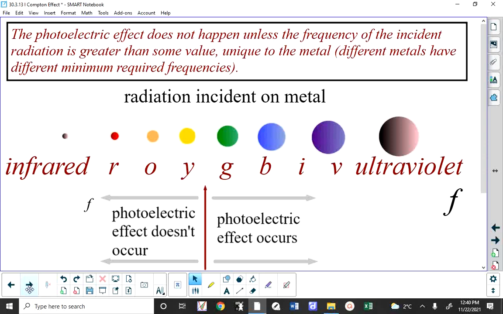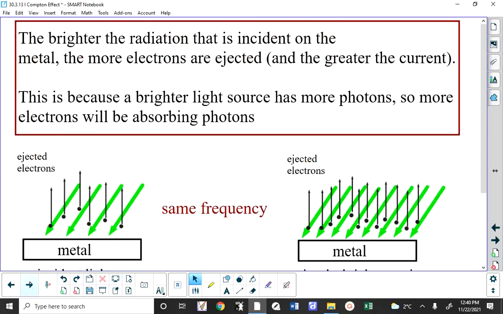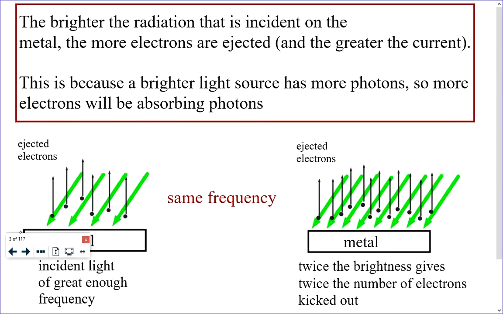Kind of getting ahead of myself here in terms of the explanation, the important idea is that when the photons strike the metal, each photon is absorbed by one electron. Going on the heels of that, if each photon gets absorbed by a single electron, then it makes sense that if you had more photons striking the metal, you will get more electrons being ejected.